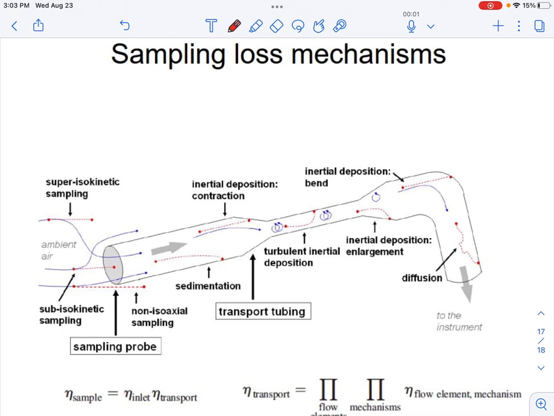For example, if you want to analyze 1 nanometer particles, new particle formation is a pretty important topic right now to understand where the particles come from. Then you need to understand the diffusion coefficient of the particles. You don't want the particles to diffuse to the wall so that when you measure, you don't have many particles left. So diffusion is going to play a role in particle sampling.